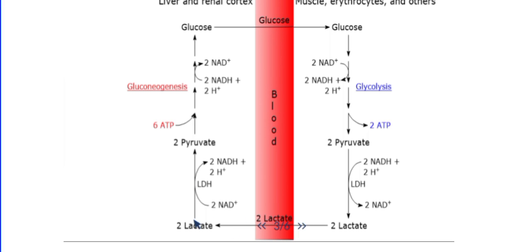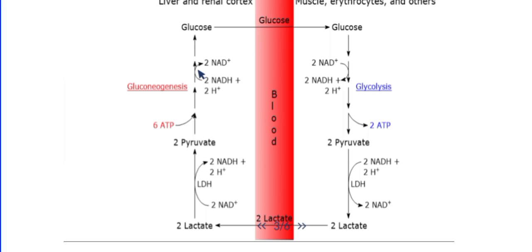So when it's transported to the liver cells, what is happening? In the liver, this lactate is converted back to pyruvate through an enzyme we call lactate dehydrogenase. Then pyruvate is converted back to glucose in what we call gluconeogenesis.